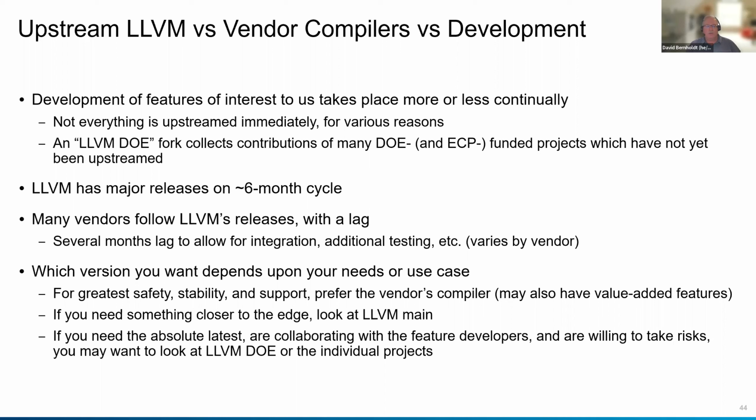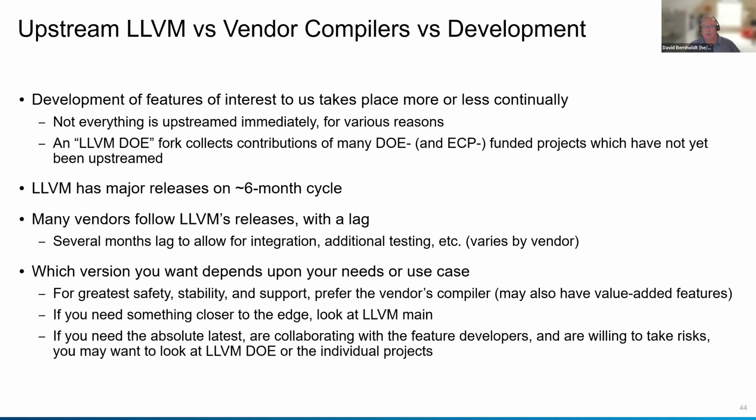So what you have is a situation where LLVM upstream has releases, and then the vendors typically follow and do the integration and additional testing, putting in their own special features, and then they release their programming environment that includes the LLVM-based compiler. And so you then have access to several different versions of LLVM, depending on what you really need.